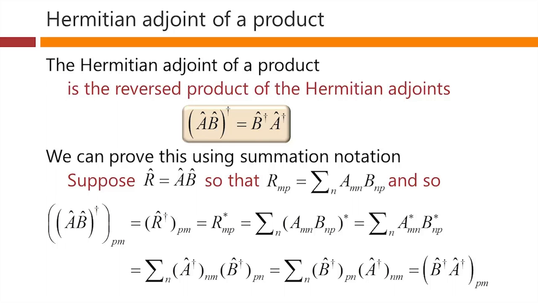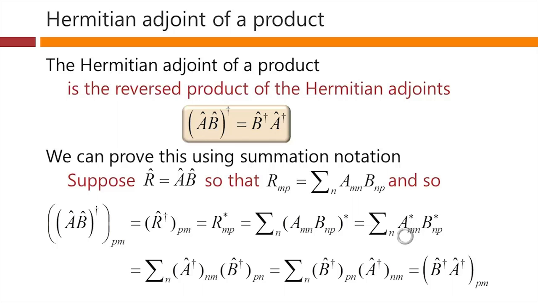So, therefore, the pmth element of this matrix must be the mpth element of R, complex conjugated. And that, of course, is just amn bnp summed over n and complex conjugated, which we can rewrite like this, because the complex conjugate of a product is the product of the complex conjugates.